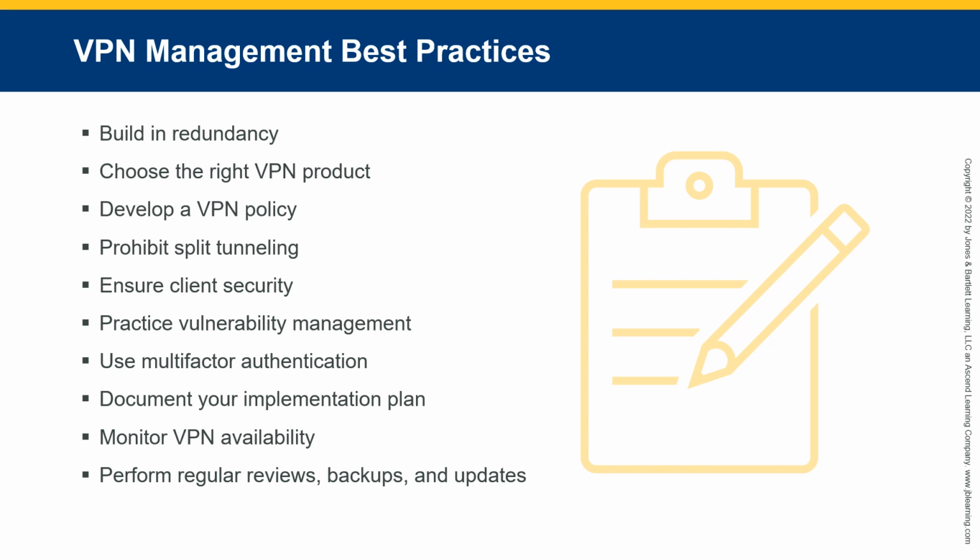All right. The next thing to do is you have to choose the right VPN product. When you're out there, you're going to see a number of vendors that do VPN products. You're going to have Cisco. You're going to have companies like Palo Alto. You're going to have Checkpoint, and Juniper is another one.